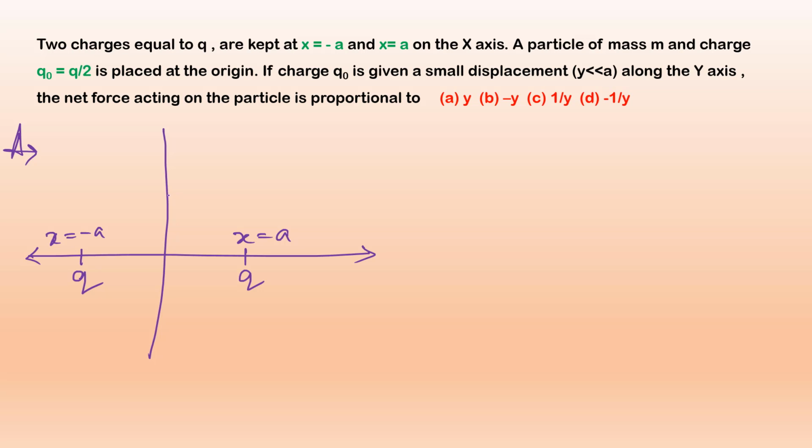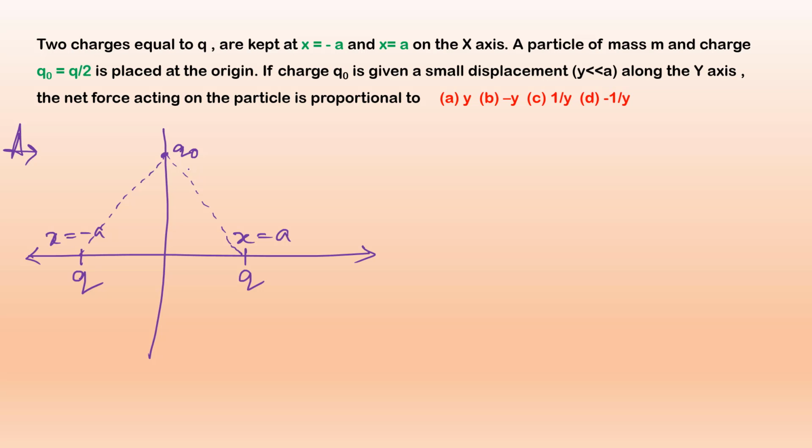But whenever you place the charge at some distance on the y-axis, suppose at this point, it has a magnitude of q naught. So we have to calculate the distance of q naught from each of the charges. In this case, this is the distance. So at first we should calculate the distance here.